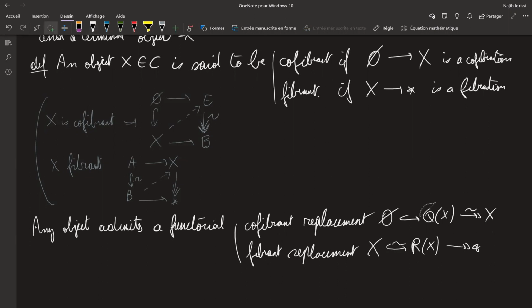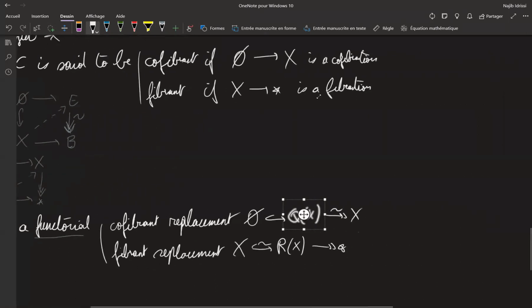So this is the notation I'm always going to use. Q for cofibrant replacement and R for fibrant replacement. And so to answer the question that was asked before, yes, these resolutions are always functorial, meaning that if you have a map from X to Y, then you have a map from QX to QY, which even makes the diagram commute.